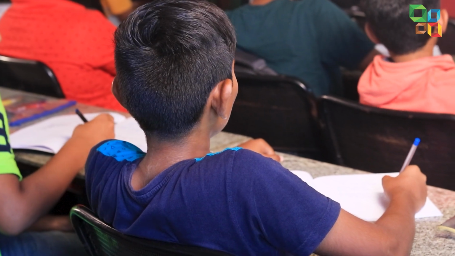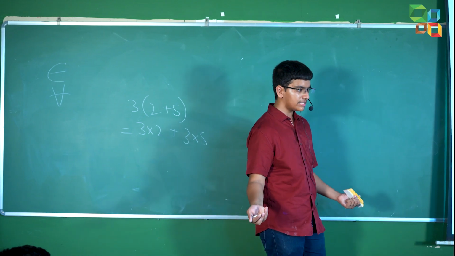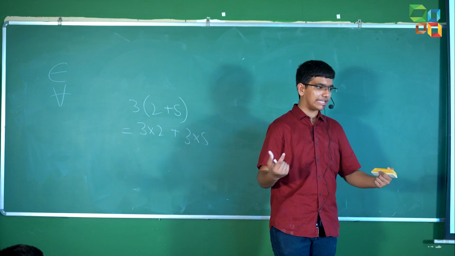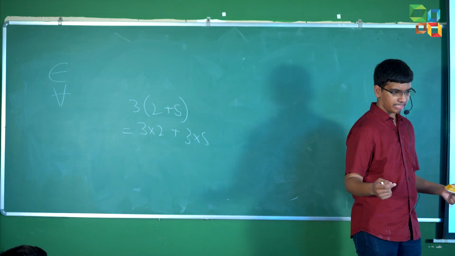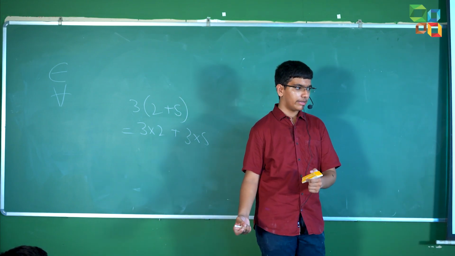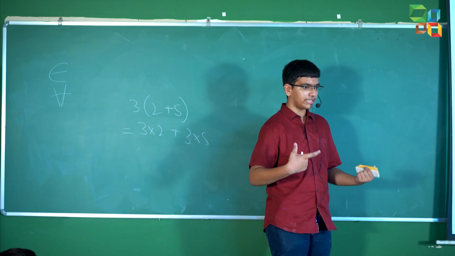Then we have 2 special numbers in integers, and the only 2 special numbers. We have 0. What's special about 0 is you can take any number, add 0 to it, and you get the same number back. That's why it's called the additive identity. Now that you have an additive identity, you can define an inverse.